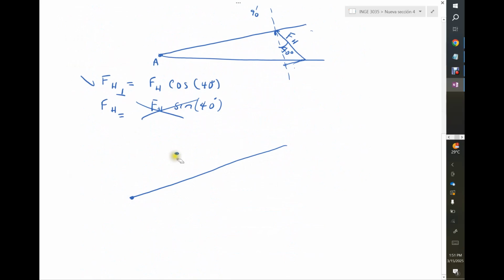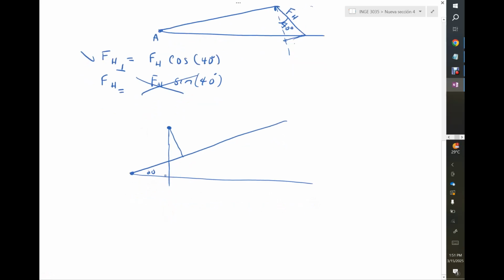Actually, I like to draw first what is important, this force here, and G is here. That would do. And we also know that this goes like this, and that this is 20 degrees, and gravity will always do this kind of trick down, and that helped a lot, because this force is going to be down.